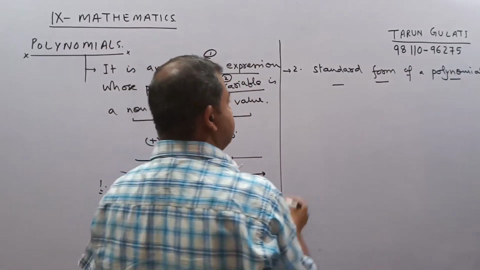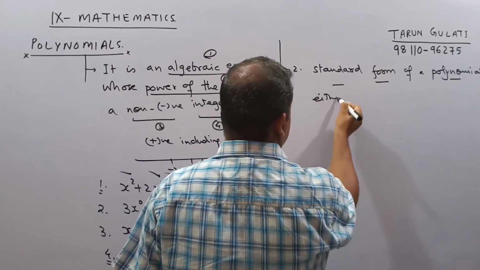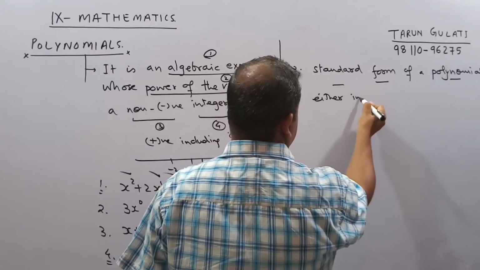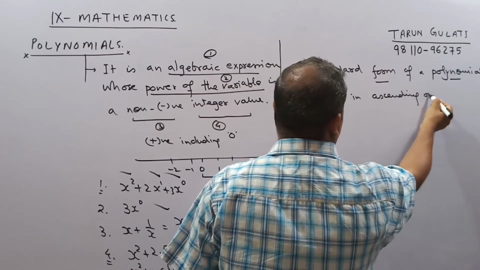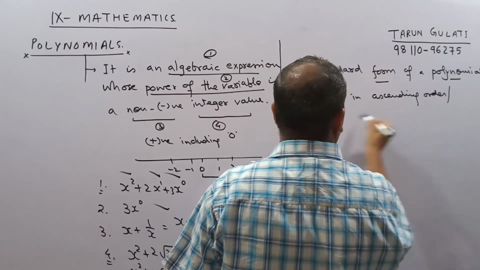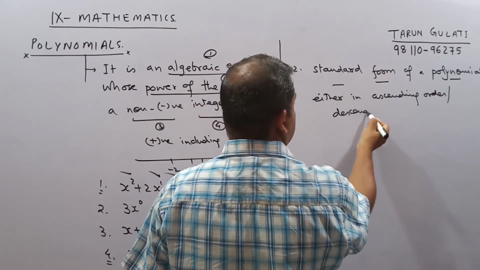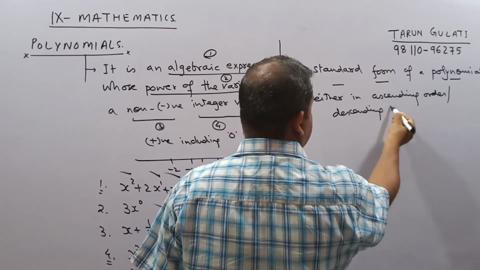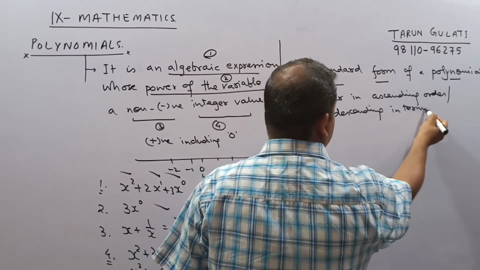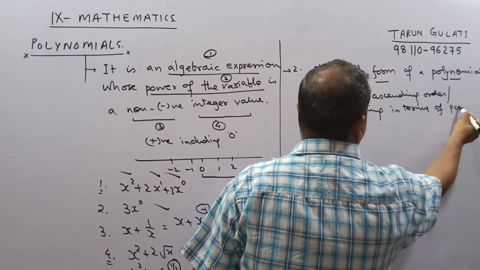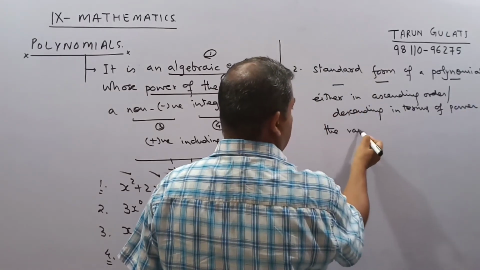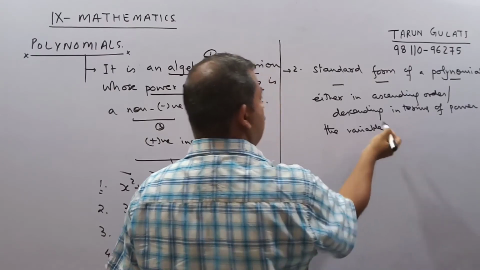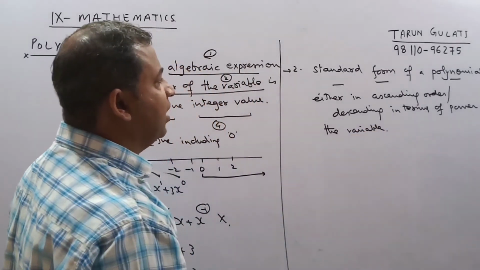Standard form means either in ascending order or descending order in terms of power of the variable. Always a polynomial is written in the standard form.